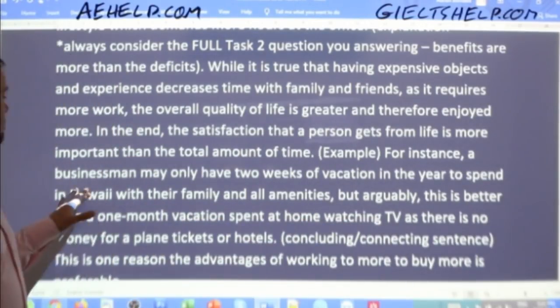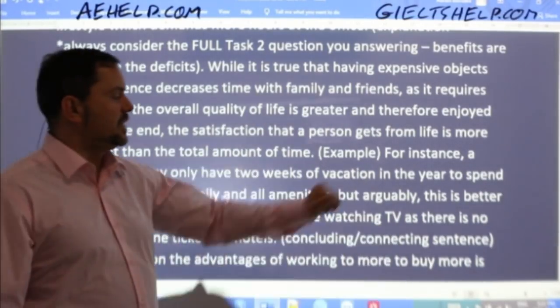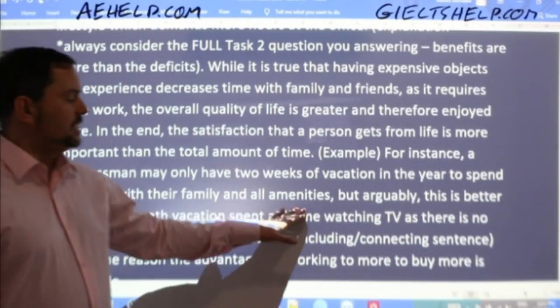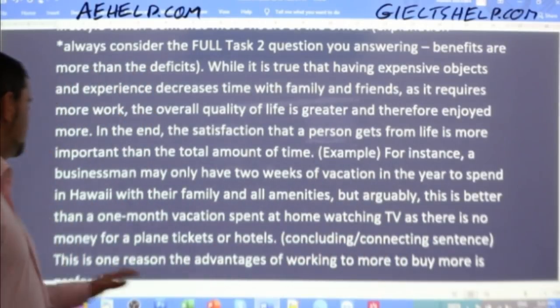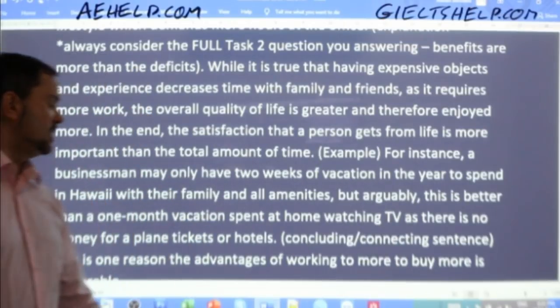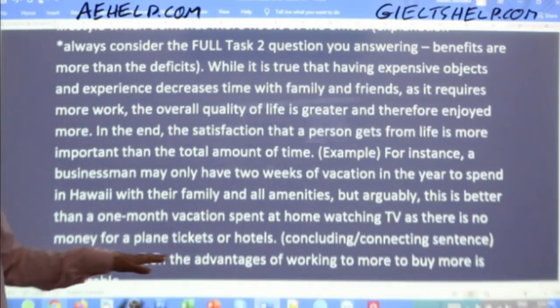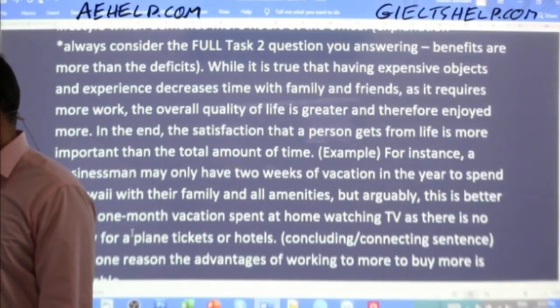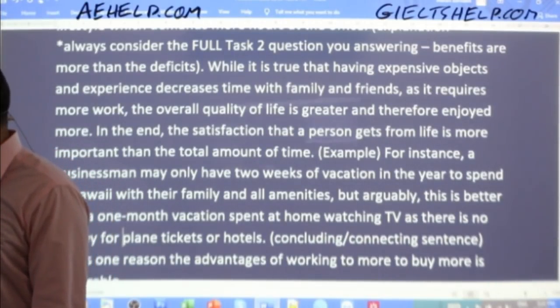For instance, a businessman may only have 2 weeks of vacation in the year to spend in Hawaii with their family and all amenities, but arguably this is better than a 1-month vacation spent at home watching TV, as there's no money for plane tickets or hotels. Let's take out that unnecessary article.